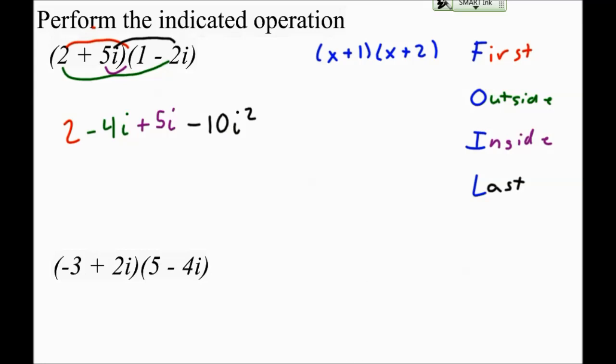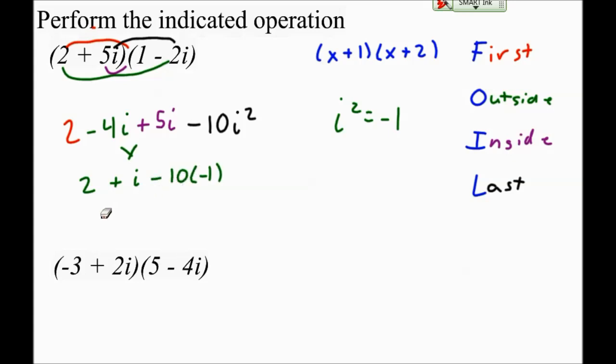From here, I treat it similar to a polynomial, combining like terms. However, we need to remember that i squared equals -1. So what happens here is this becomes 2. Combine these terms to get plus i. And this becomes -10 times -1.